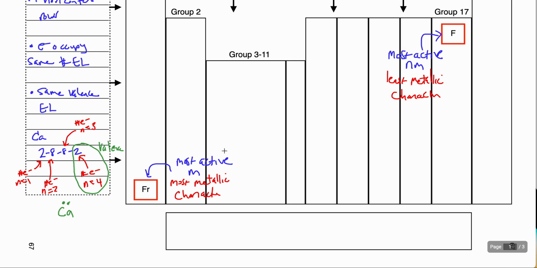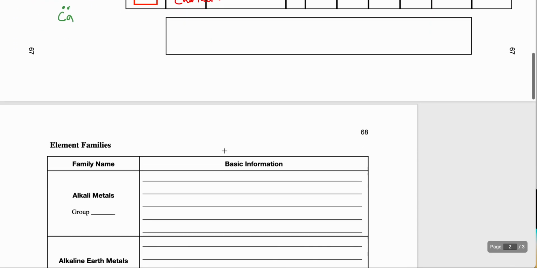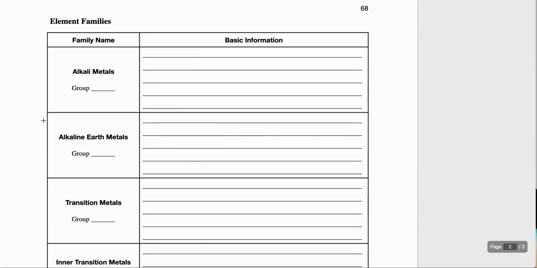Some of these groups or element families have names, and you need to know these. Looking at page 68, the alkali metals are group 1, and it's actually lithium to francium. It does not include hydrogen, because hydrogen is not a metal. These are our most active metals.